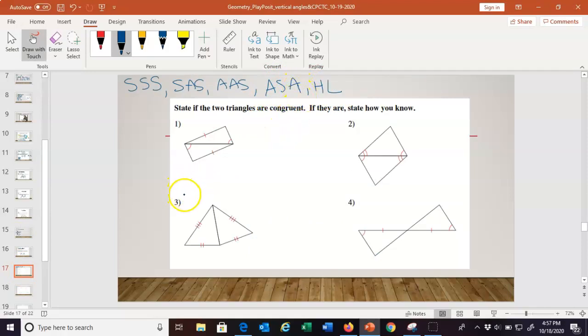Okay, so I have two tricks for you. Tricks, not really tricks, but recommendations. I suggest always separating any triangles that are together. So like question number 1, actually 1 through 3.